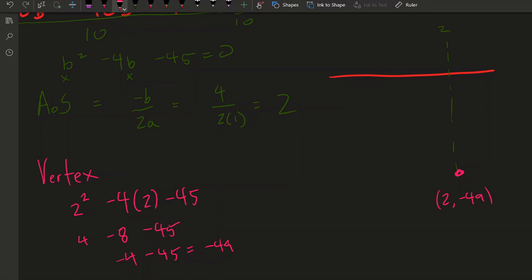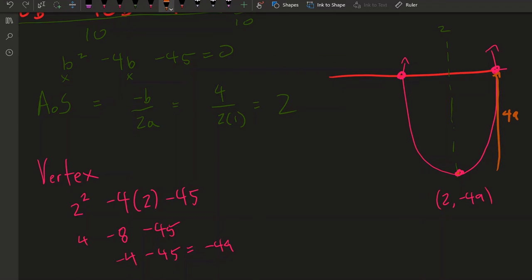So what I need to do here is picture I've got this parabola right here, and it's going to intersect at these 2 points, and those are going to be my solutions. In order to reach the top, starting from the vertex going up, I would need to go up by 49.